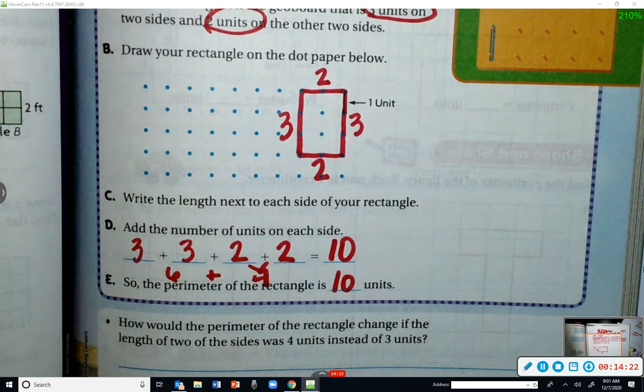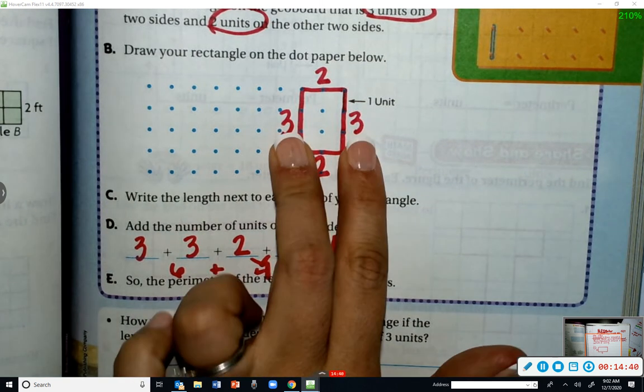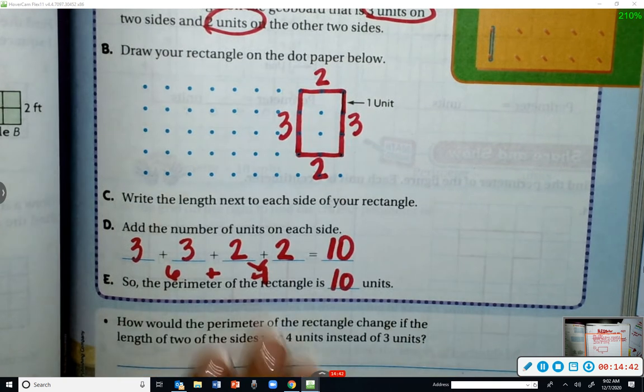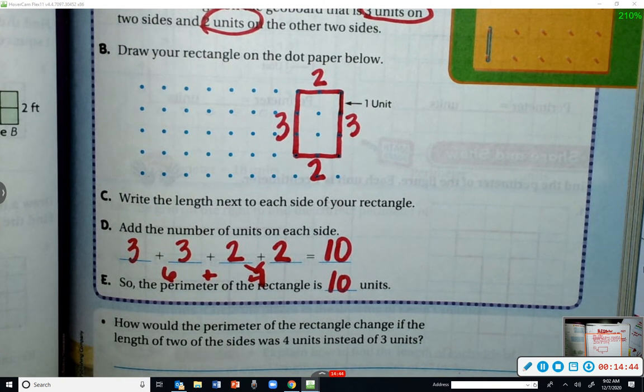Okay, how would the perimeter of the rectangle change if the length of 2 of the sides was 4 units instead of 3? How would it change? Someone besides Kelsey. Allie, what do you think? If I change these 2 numbers to a 4 instead of a 3, how would our perimeter change? It would go down 1 more.